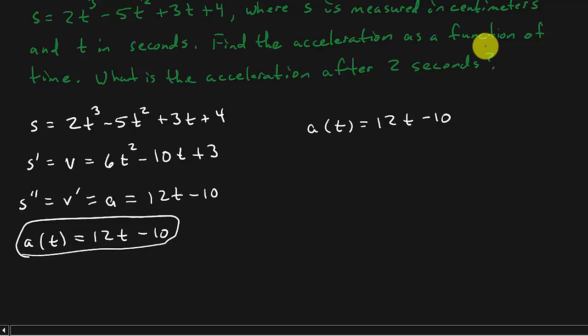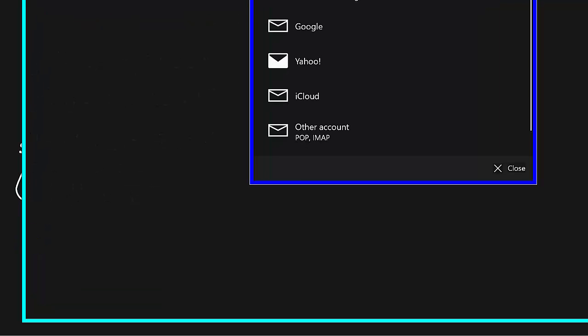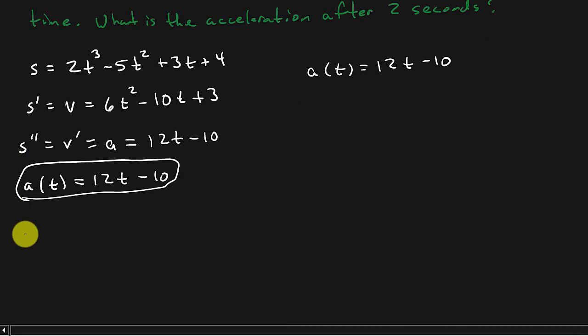It says find the acceleration as a function of time. And then they want to know, what is the acceleration after 2 seconds? Well, all we're going to do is evaluate the acceleration function at 2 seconds.